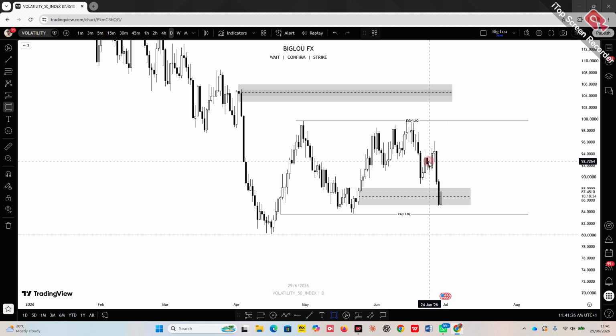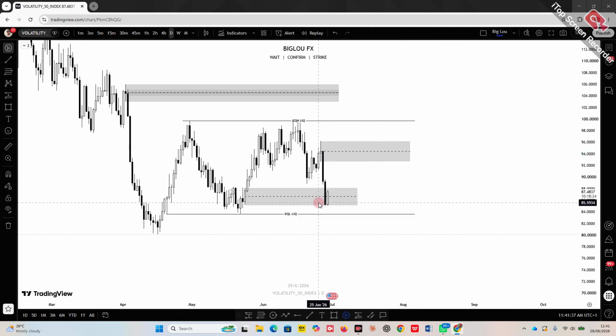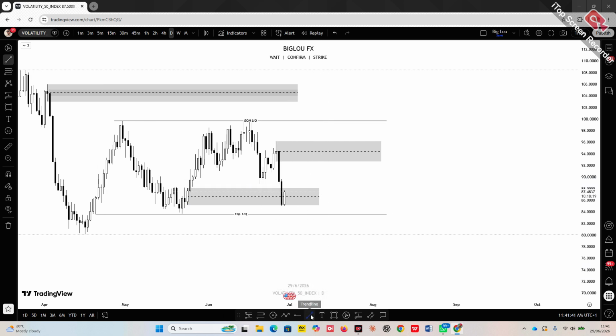I want you to understand why price is buying right now. You can see the supply level here. On the daily, price could tap into that supply, because if you look at that supply zone, it broke structure. You could see it broke this structure somewhere around here.